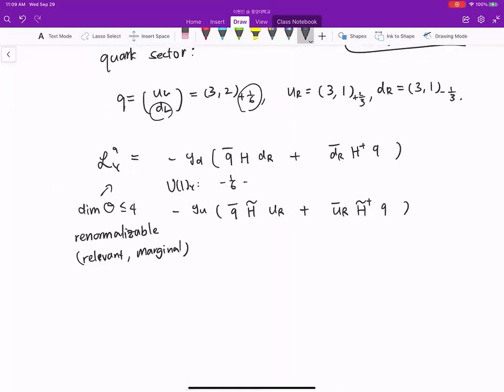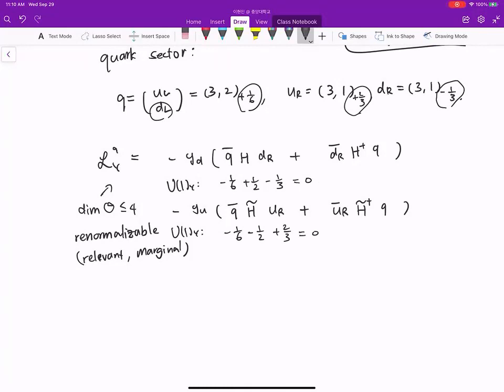Plus 1/2 and the down-type minus, so if you sum up those charges, they sum up to 0. Similarly for the up type: the quark doublet is 1/6, H tilde has the opposite hypercharge, and u_R has its hypercharge, and they sum up to 0.